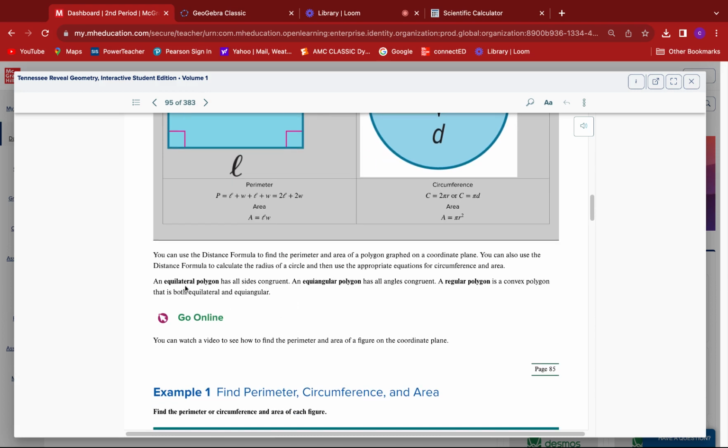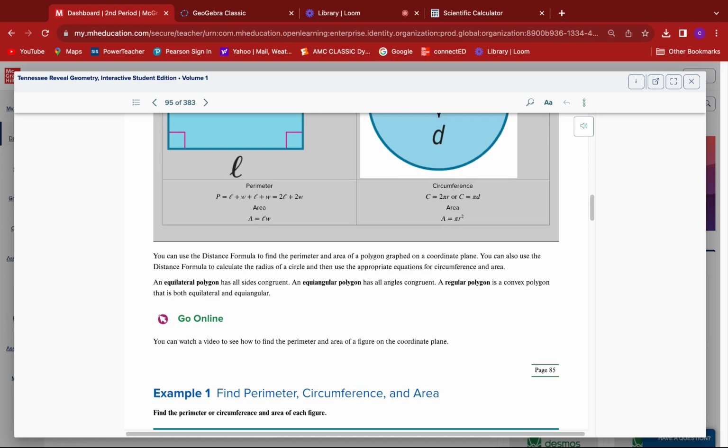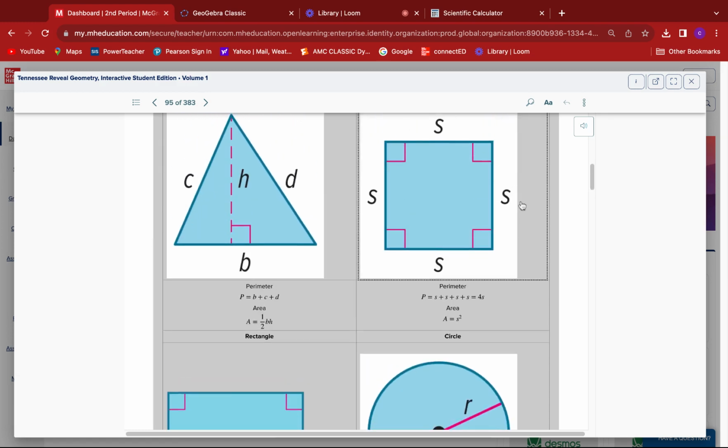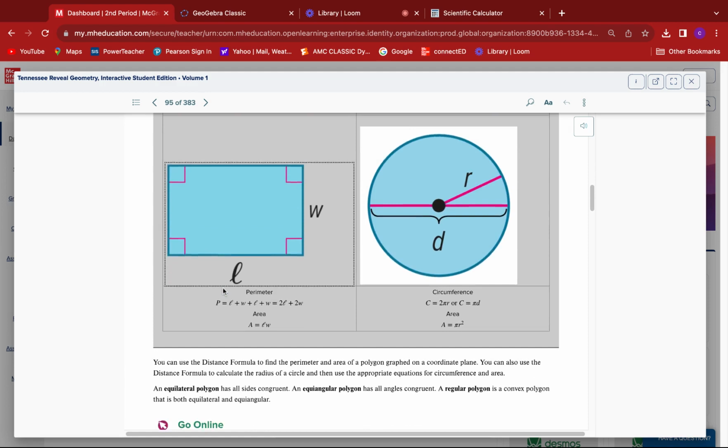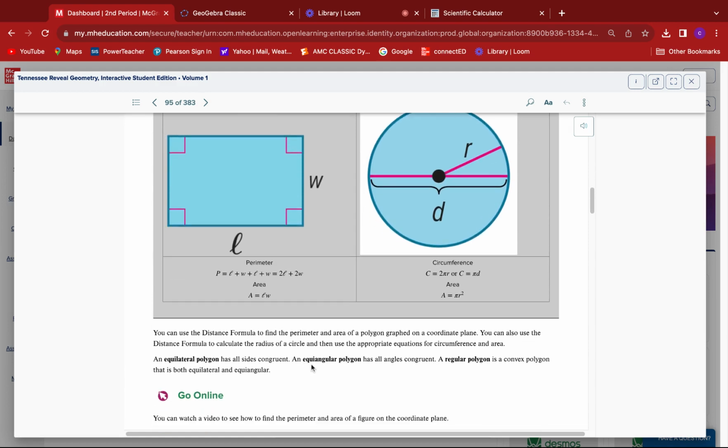All right, equilateral, equiangular, and regular. Equilateral, equa means equal, and lateral are your sides. So equilateral means all your sides are the same. Like on a square, all four sides would be the exact same. Equilateral triangle, all three sides would be the exact same. Equiangular, equa meaning equal, and angular is for angles.